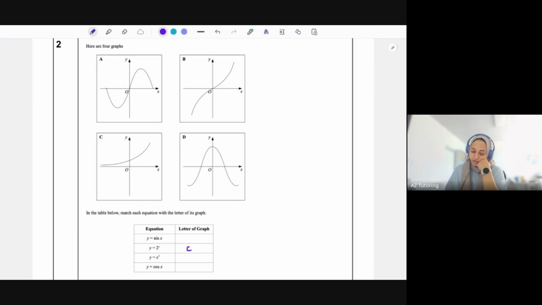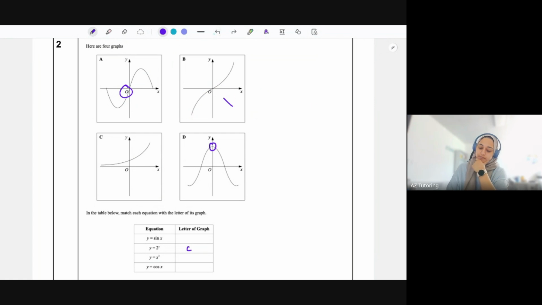Looking at the other ones, we've got a cubic graph. Now, the cubic graph could potentially be B, but it could also be A, but there's other options as well. There's sine and cos. So let's work with sine and cos first. Your sine graph always starts at 0, and your cos graph starts at 1. So this is not a cos graph, because sine graphs go like this.